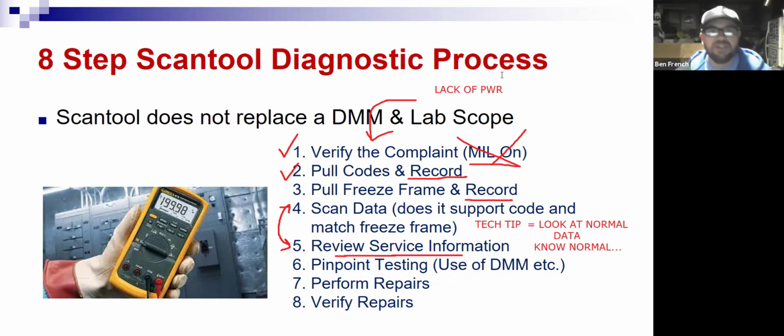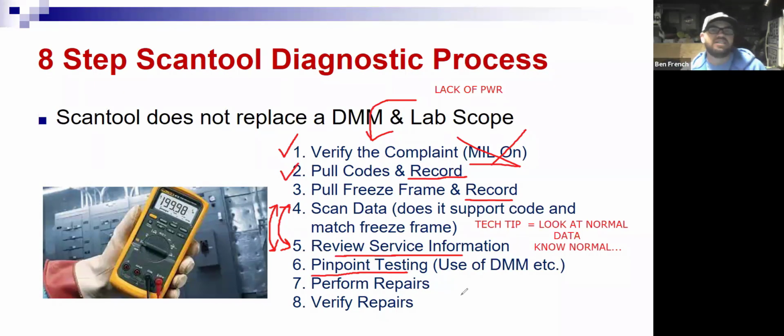All right. So you go back and forth between looking at your service information and looking at your scan data. Ultimately, you're going to go through a flow chart or something, and you're going to do some pinpoint testing. This is where we're using our multimeter. We might be using an oscilloscope to isolate what exactly the problem is.